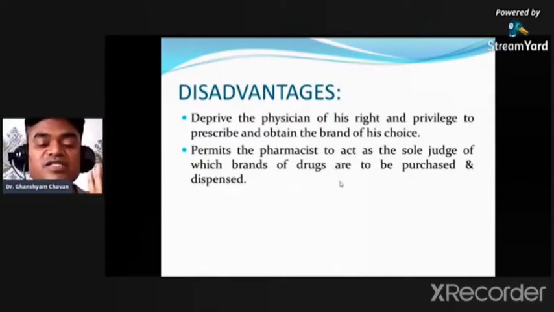Pharmacists know its development, its chemical constituents, its chemical structure, its SAR, QSAR, its pharmacological and pharmacodynamic effects. Each and every shade of that drug, pharmacists know. So that's why pharmacists must get the proper justification of that drug. He must have the proper right to judge the drugs. So in this fashion, these may be the two disadvantages.